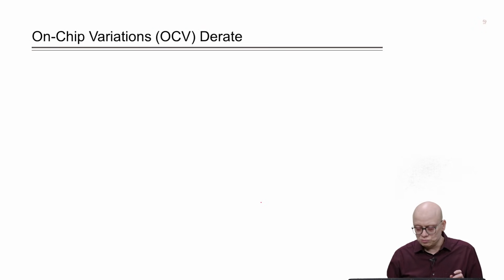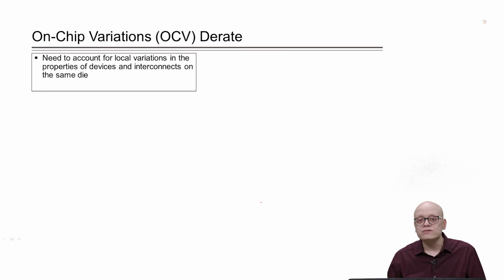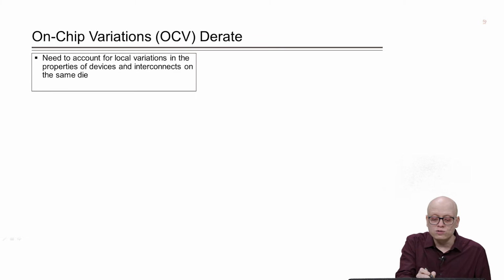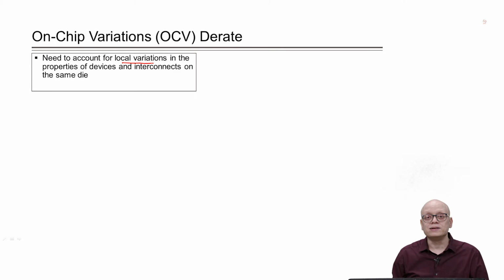Now, the method that we saw for MMMC analysis is effective if there are global variations, meaning that all the devices are being affected in one particular manner, all showing, say, the worst delay or best delay. That is a kind of global variation, but we also need to account for local variations in the properties of devices and interconnects.